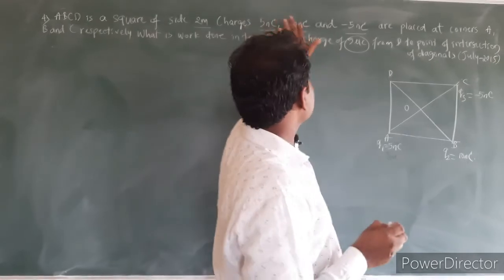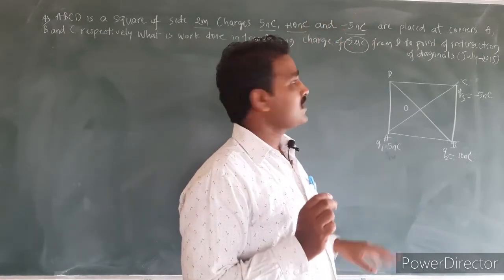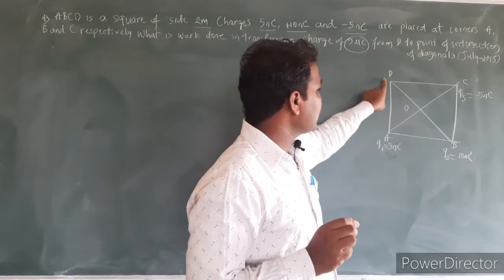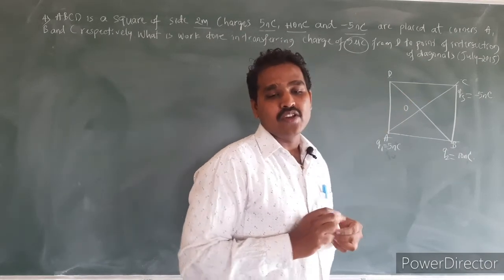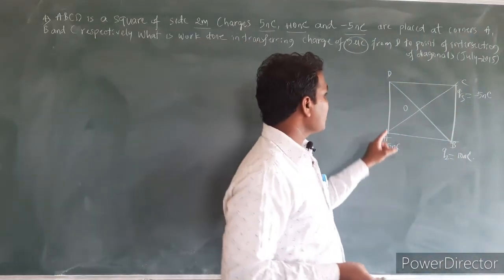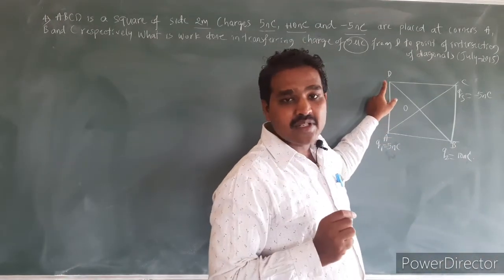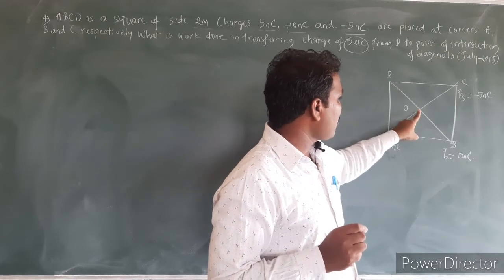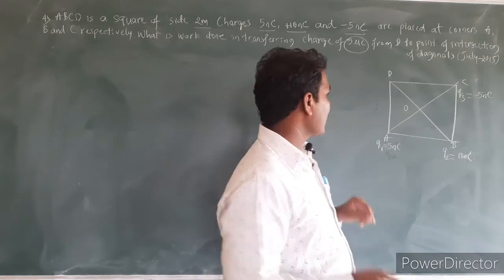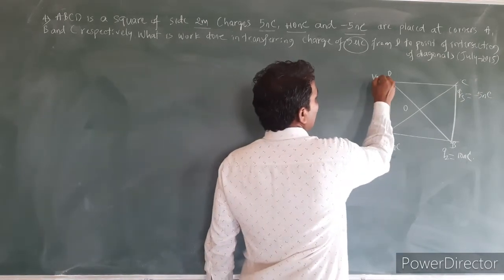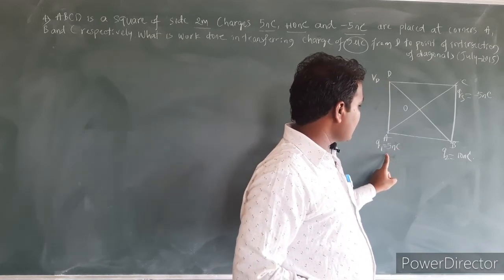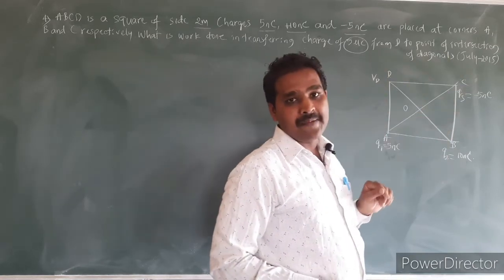Here only these 3 charges are my source charges. This is the test charge, which I will move from point D to point O. For finding that work done, first we have to find the potential difference between point D and point O because of these source charges. Let us consider VD is the potential at point D because of charges Q1, Q2 and Q3.